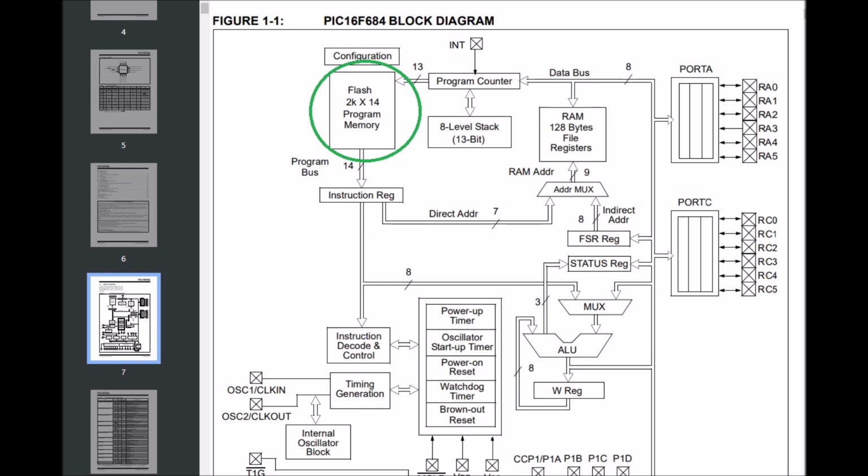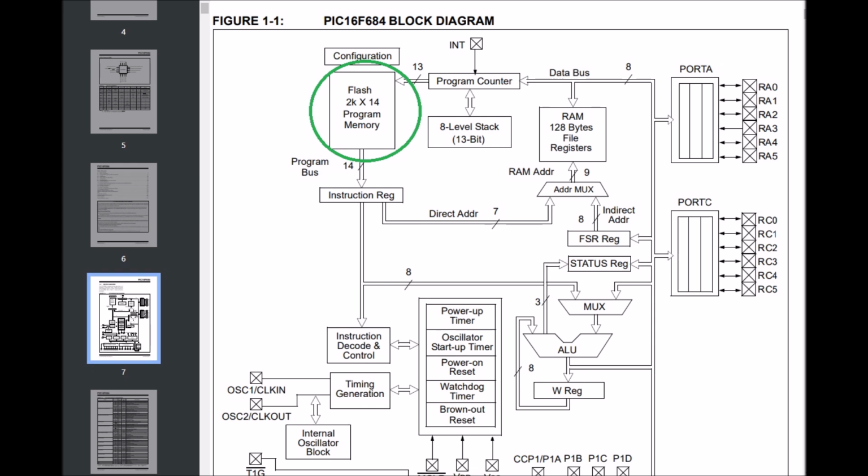Self-programming capability. The PIC16F684 includes mechanisms for self-programming, allowing the microcontroller to write to its own flash memory under certain conditions, which is useful for applications requiring firmware updates without external programmers.